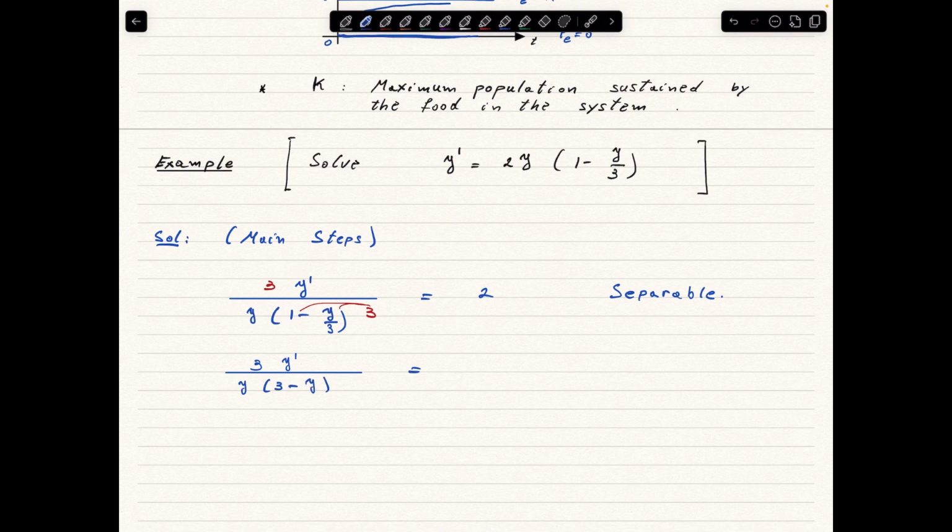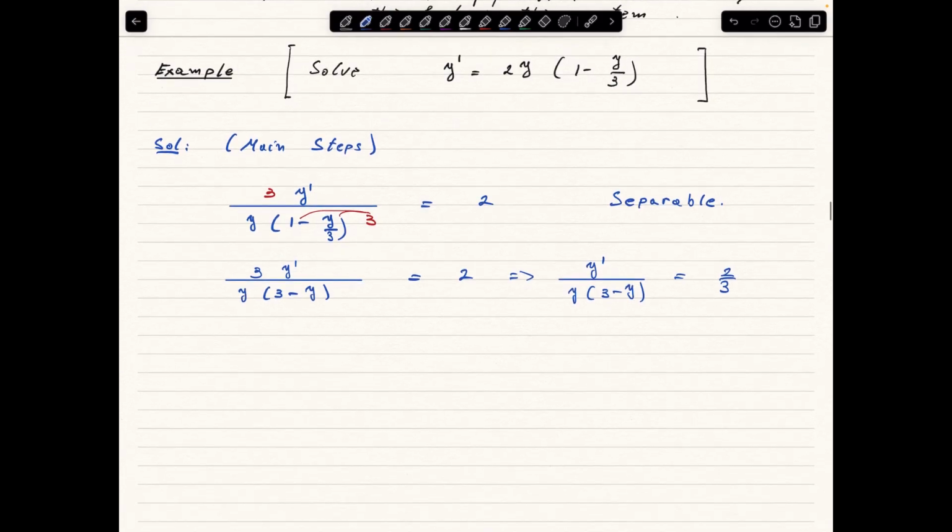And this is still equal to... So I can divide by 3. I'm going to divide this by 3, and then we are going to have the equation in the form that is nicer to integrate: y prime over y times 3 minus y equals 2/3. Perfect. So now we can integrate on both sides with respect to time.